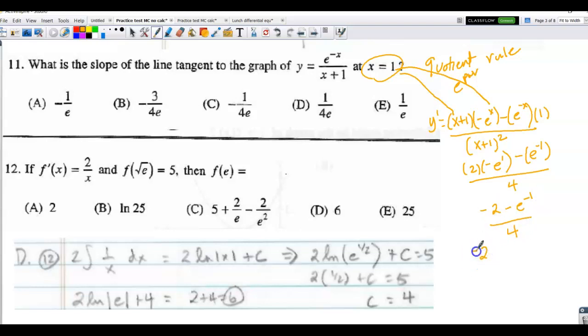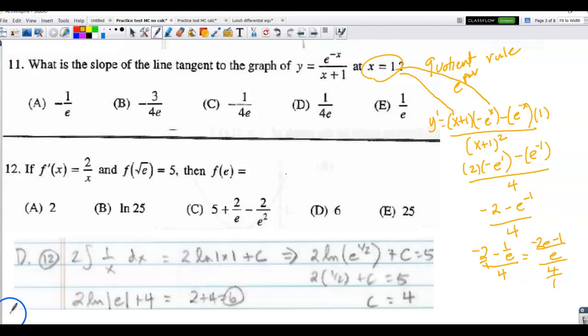That is the same thing as -2 minus 1 over e, over 4. If I get a common denominator in the numerator, that'll give me -2e minus 1 over 4 over 1. I have a mistake somewhere.